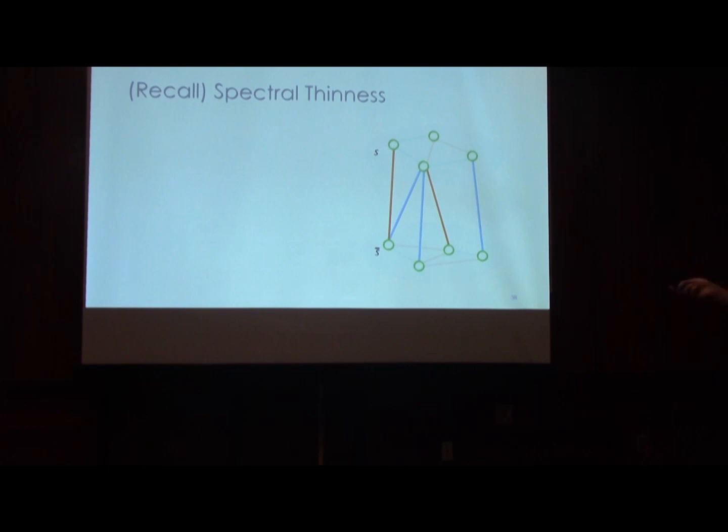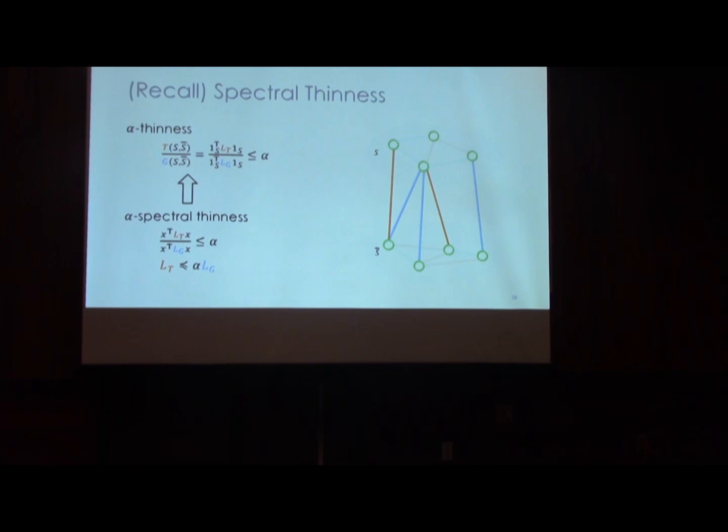So recall, Amin has already defined these, but we want thin trees. A tree T is thin with respect to the graph G if in every cut it has at most an alpha fraction of the edges of the graph. Spectral thinness is where this condition is satisfied not just for the cuts, but also for every vector. So in terms of Laplacians, this is the condition you want for spectral thinness.